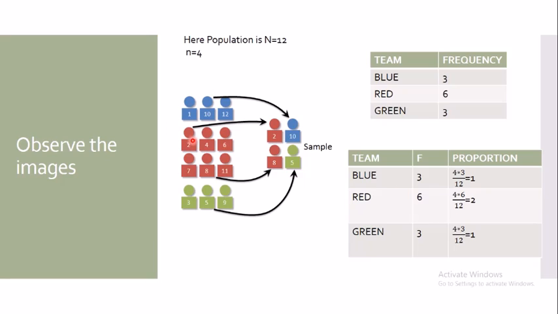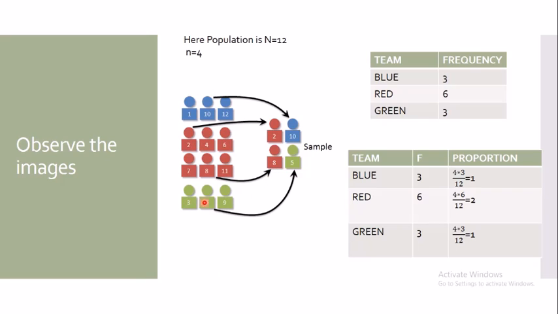So I take 2 units from red, or it could be 2 individuals, again by using the lottery method. Lottery method is the simple random sampling method. So you get 2 and 8 from the red team.